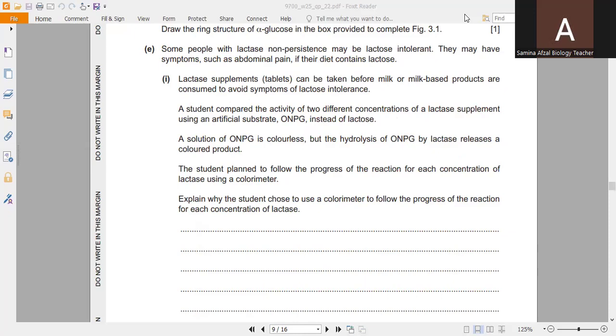The student planned to follow the progress of the reaction for each concentration of lactase using a colorimeter. Explain why the student chose to use a colorimeter to follow the progress of the reaction for each concentration of lactase.